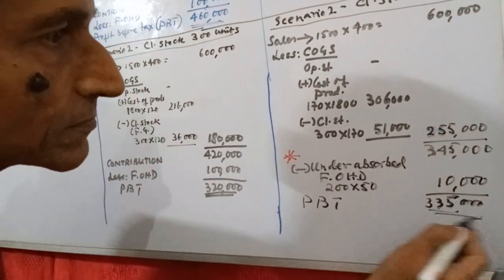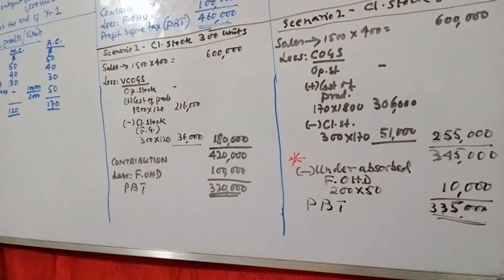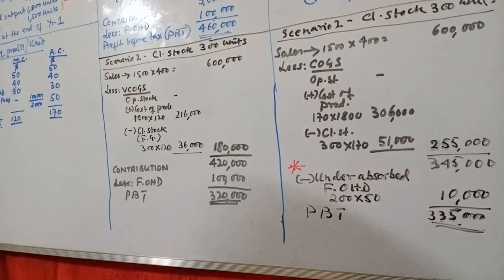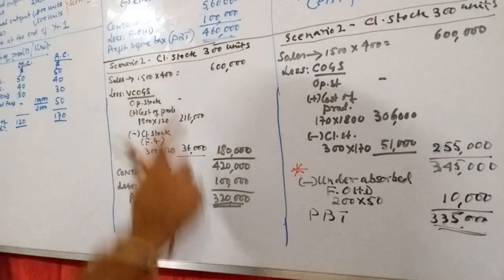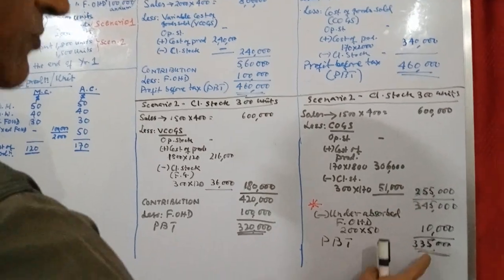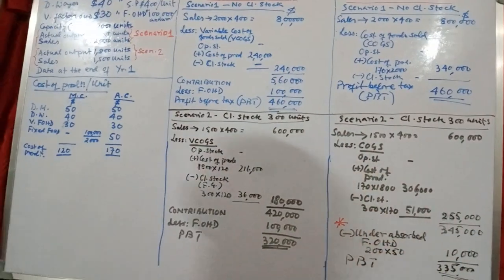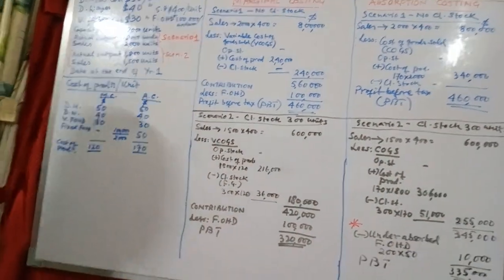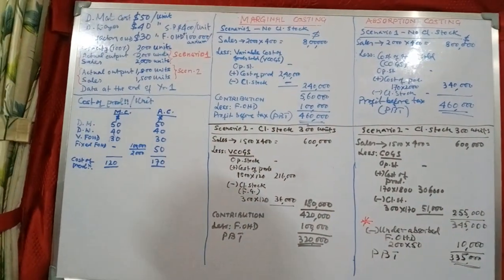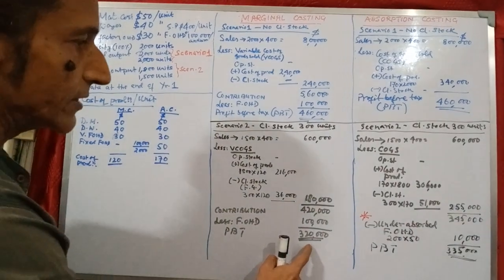So you see here, in scenario 2, profit before tax under marginal costing is not the same as profit before tax under absorption costing. Under absorption costing it is 335,000 and under marginal costing it is 320,000.